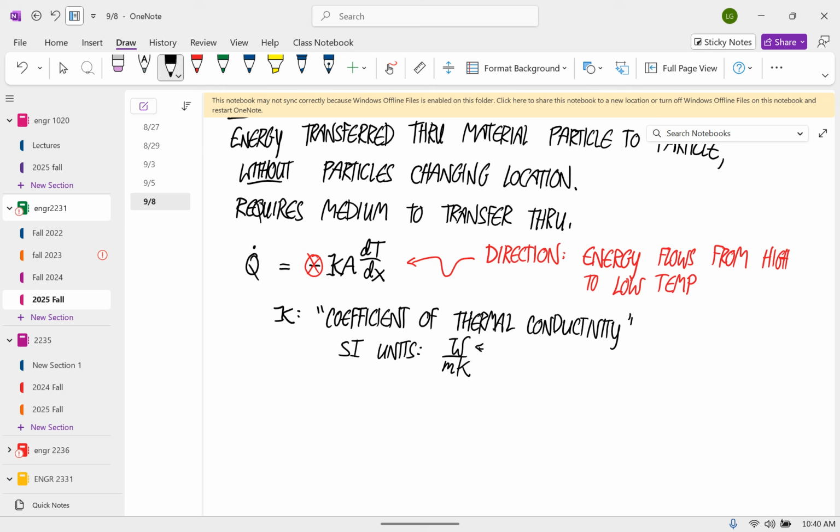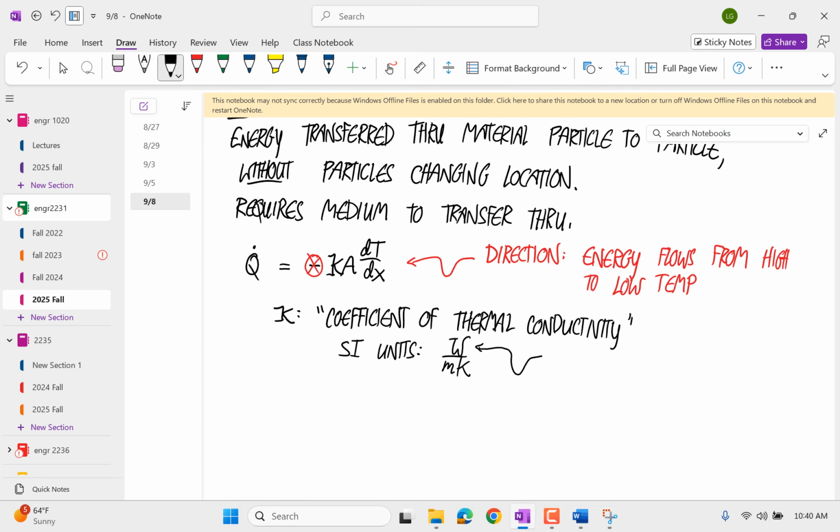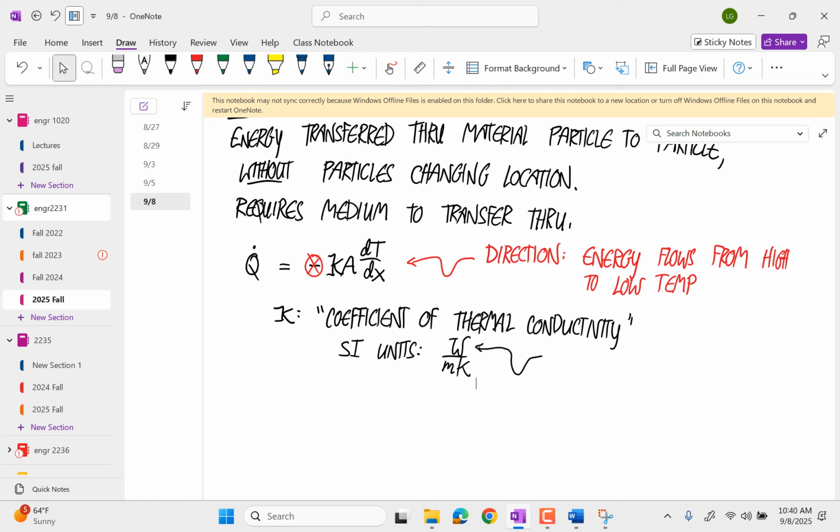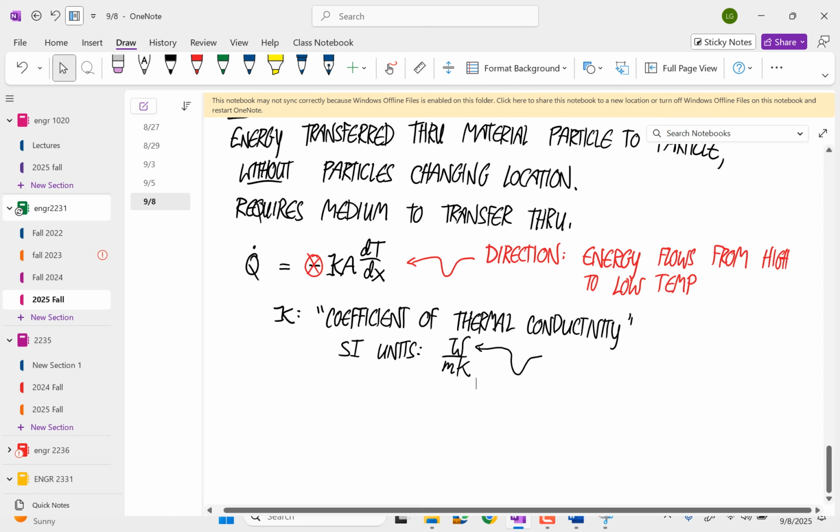And watts are joules per second. So that's a connection that we're going to use pretty often.